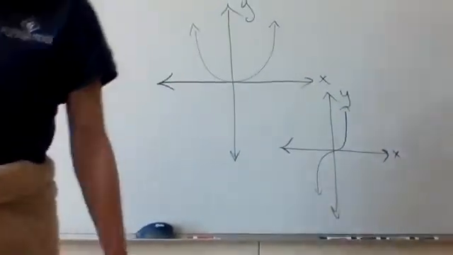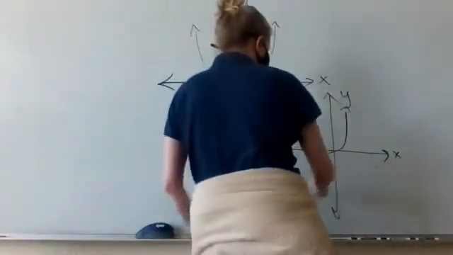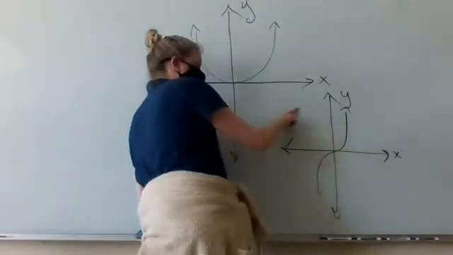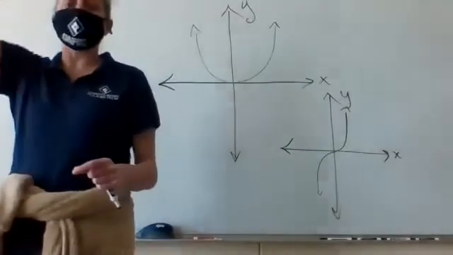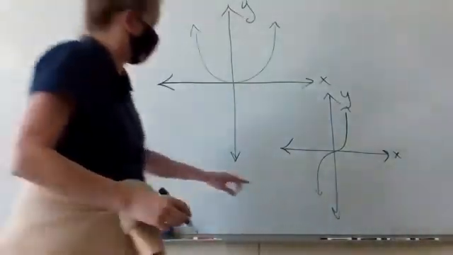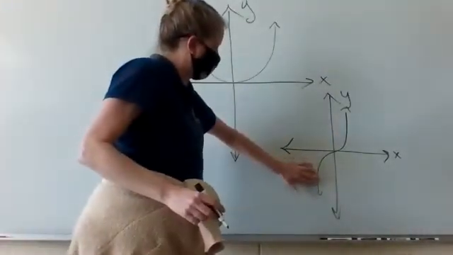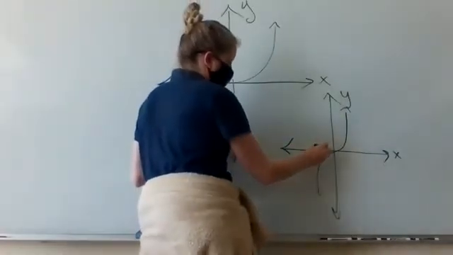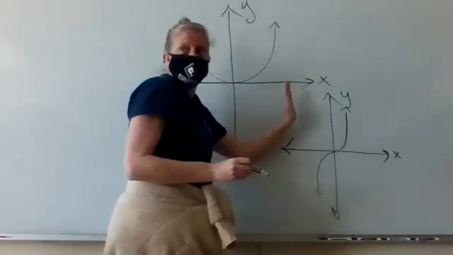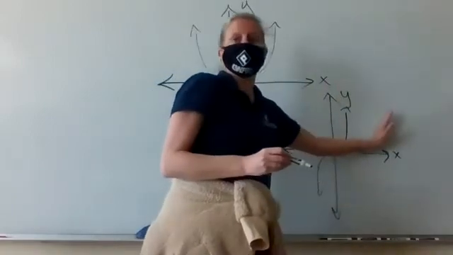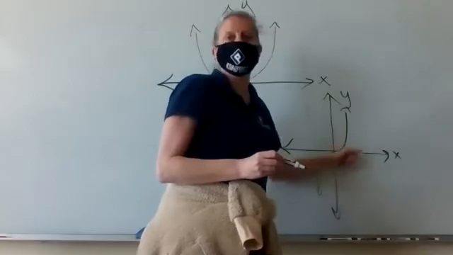So what that means is if you rotated this, or flipped it across the x and then flipped it across the y, then it would lie on the other part. So think about this. If you flip this across the x, it would all of a sudden look like this. If you flip this upside down, and then flip that across the y, then it's going to lay on this part.